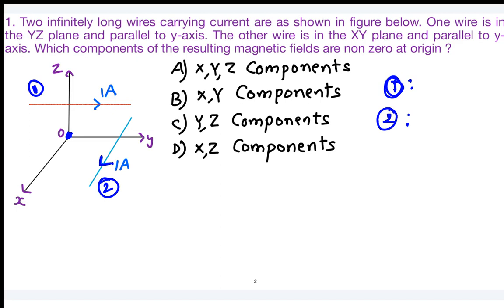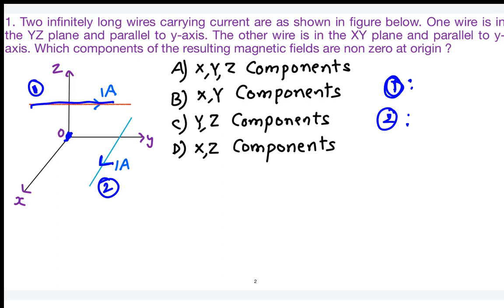All of you start with your right hand and make sure the right hand thumb is parallel to the y-axis. What is the circular movement of all the other fingers as it comes towards the origin? Is it into the paper or outside the paper? Into the paper.